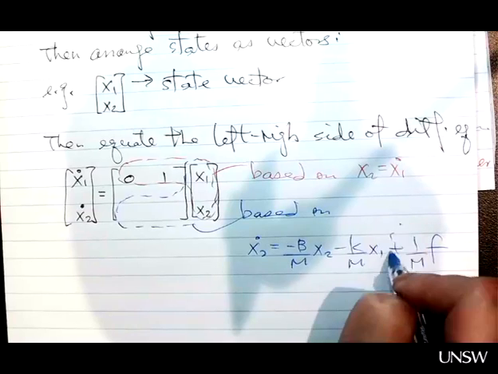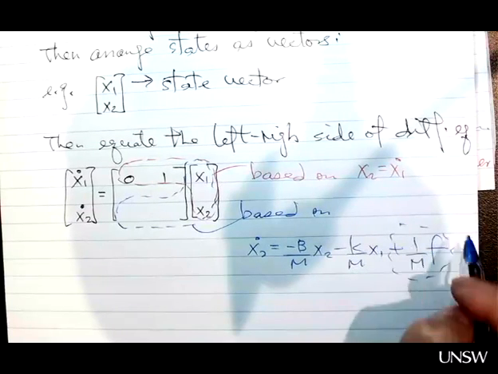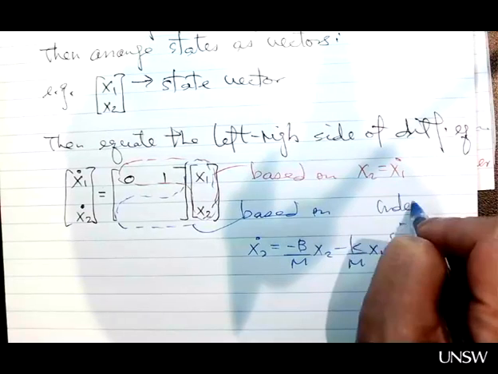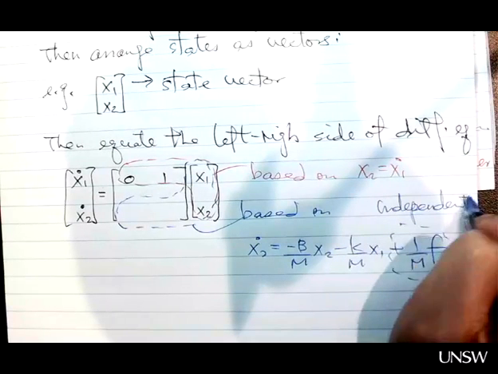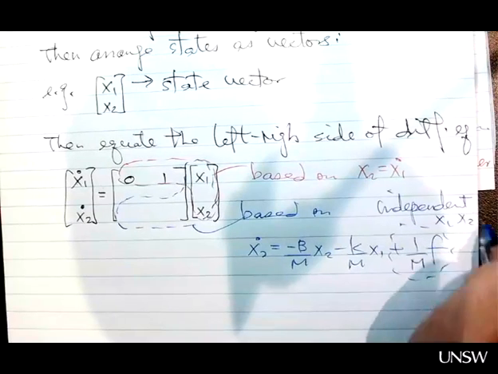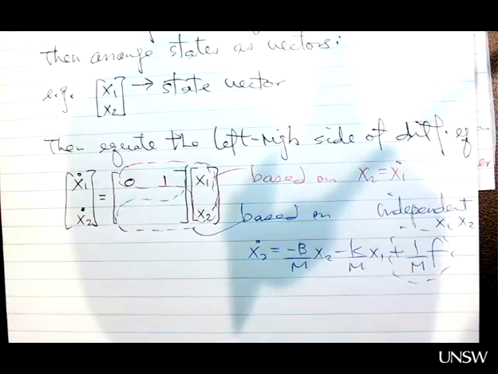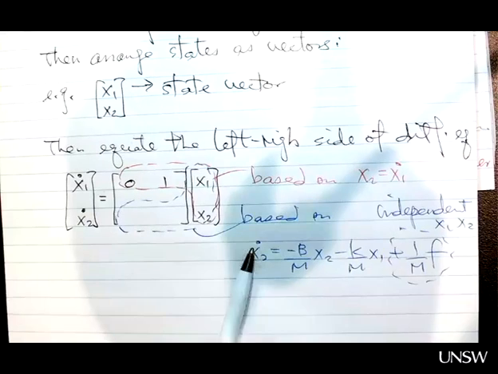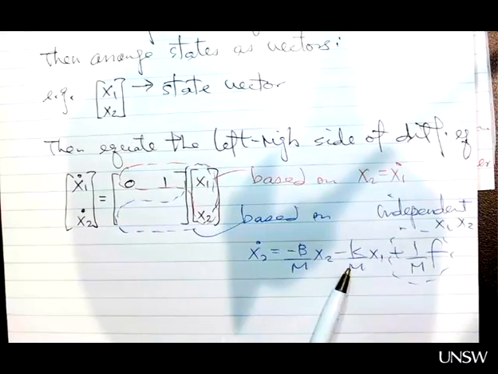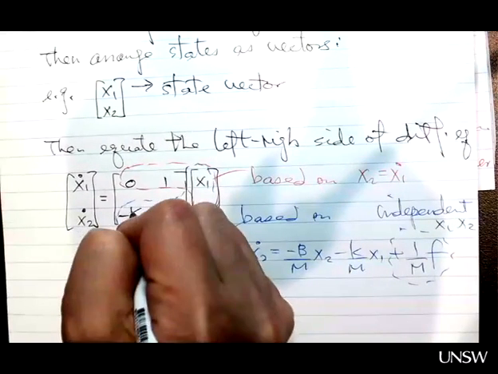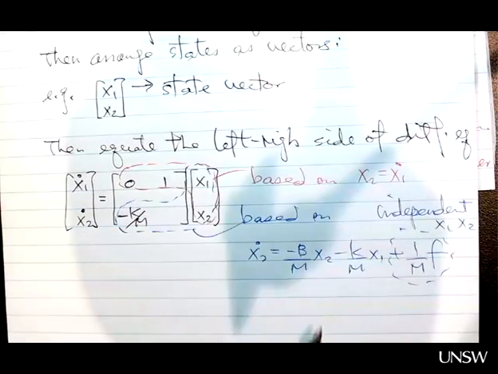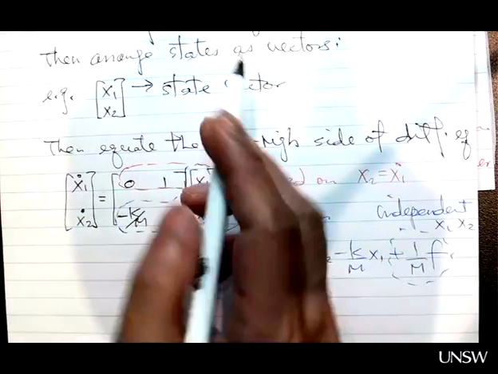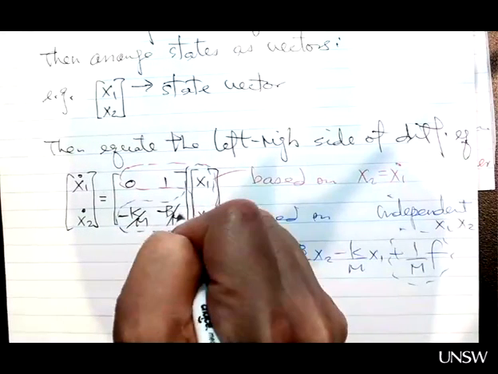This part is independent of x1, x2, so we temporarily ignore it first. Then x2 dot equals minus k divided by m multiplied with x1. So we have here in this position k over m, and then on the other position, it is minus b over m.